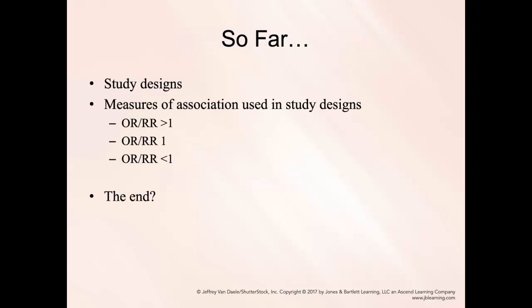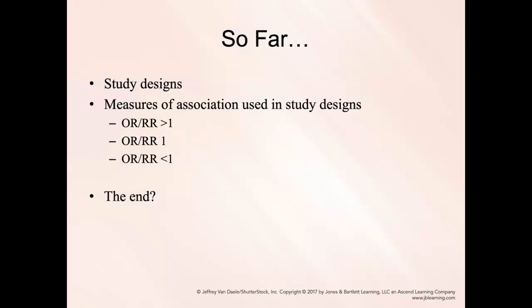So far, we've talked about study designs, and we've talked about the measures of association that we use in different study designs. For example, in a case control study, I would use an odds ratio. In a cohort study, I would use a relative risk. Let's say that I found an odds ratio greater than 1. Does that necessarily mean that I've found a causal relationship between my independent and my dependent variable?